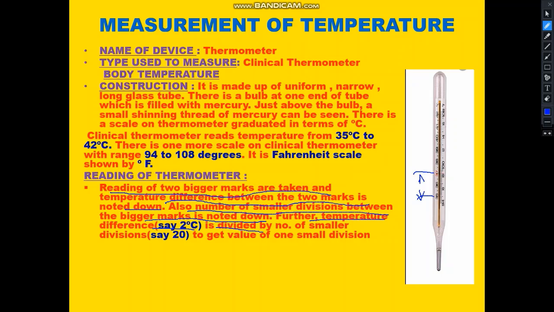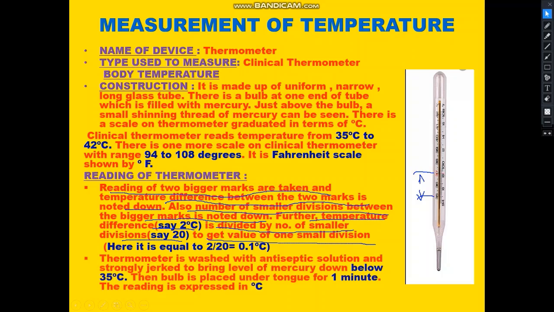It is then divided by the number of small divisions, which is now 20, to get the value of one small division. So the value of one small division is equal to 2 upon 20, which stands equal to 0.1 degree Celsius. Here is the value of one small division.